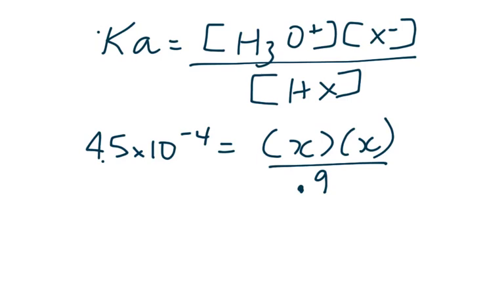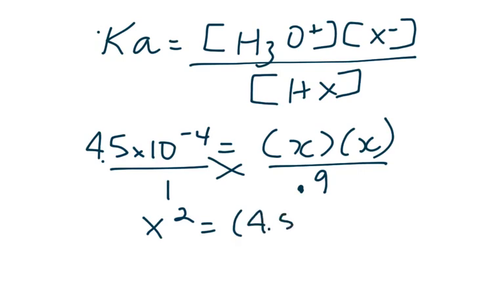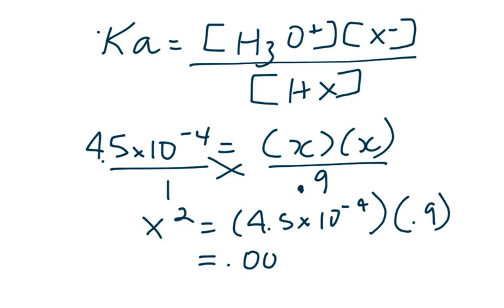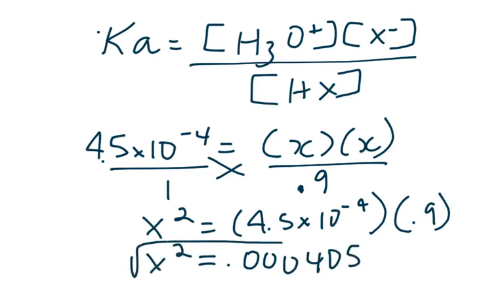Now this looks like a lovely mess of math, but basically to do the math, you just cross multiply like we've done all along. So X squared equals 4.5 times 10 to the negative 4 times 0.9. And we find out that it equals 0.000405. And of course we have to square root that. And X is going to equal 0.0201 molar.